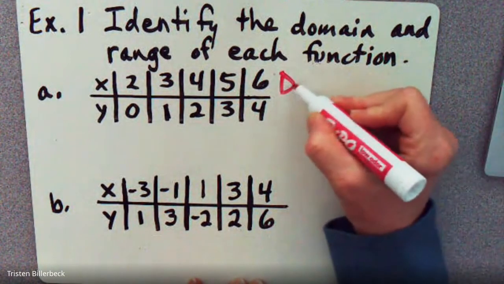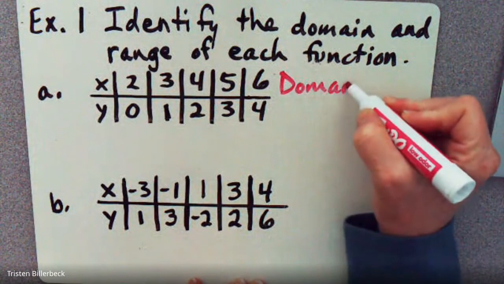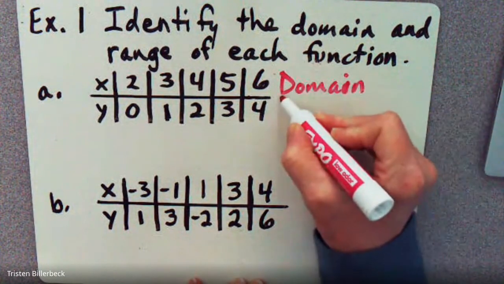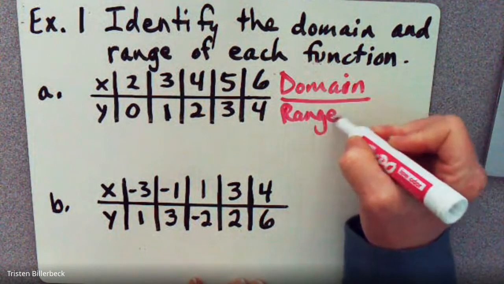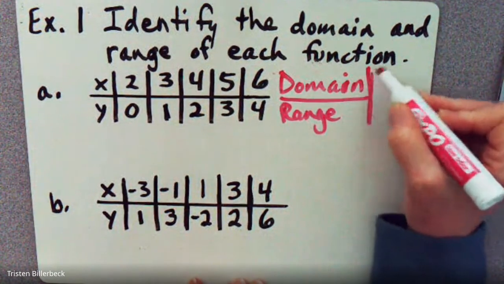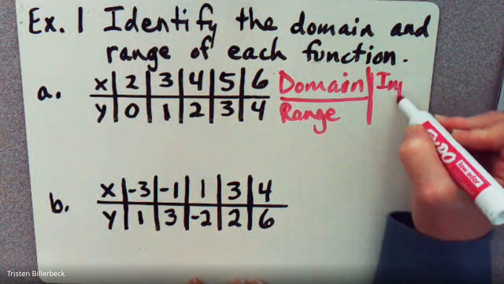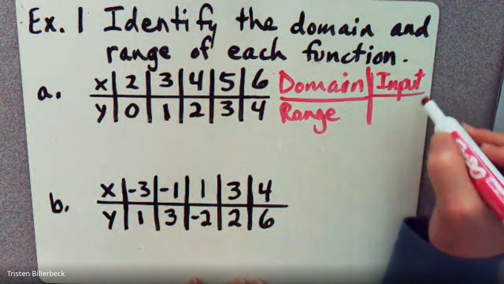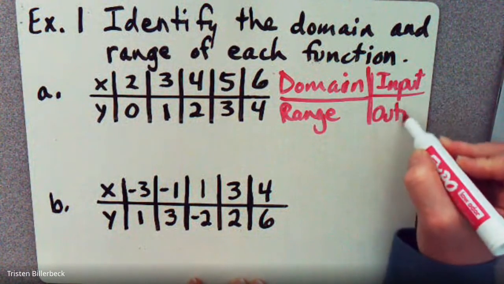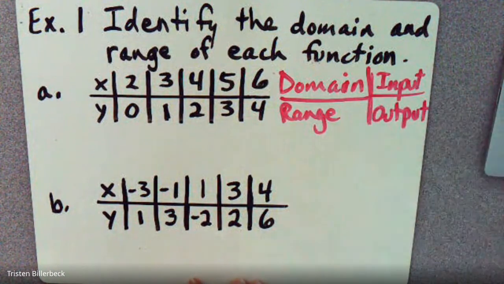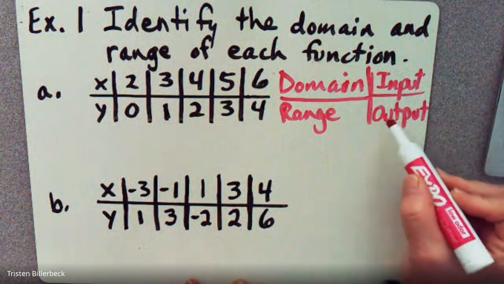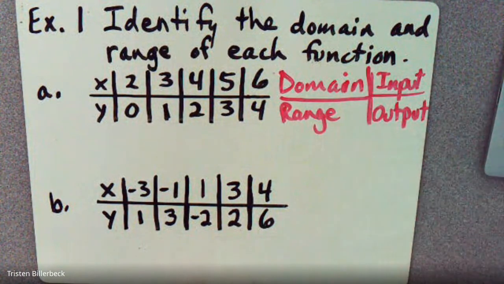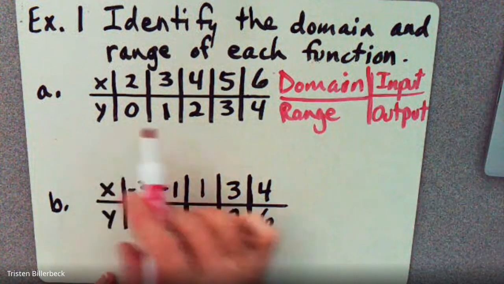So here we have the domain over the range of values. This is also called the input over the output. Okay, it's also called the independent and the dependent value. Okay, so that's the domain and range of this function.